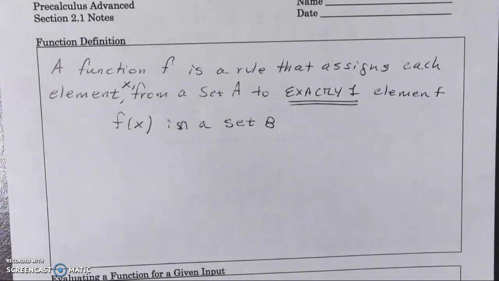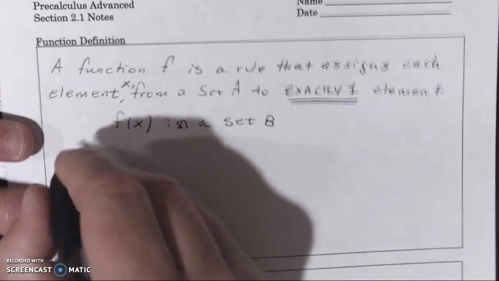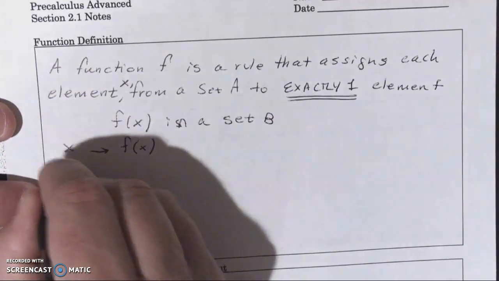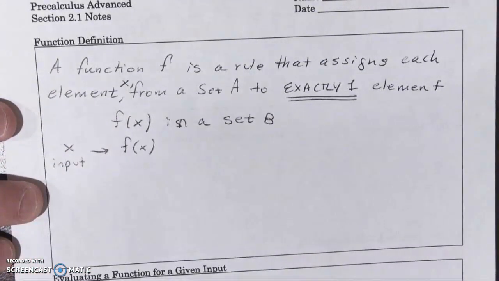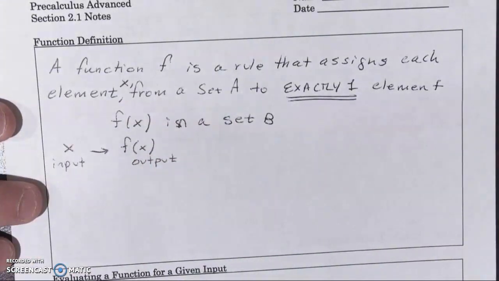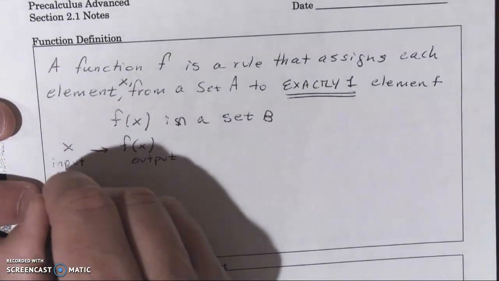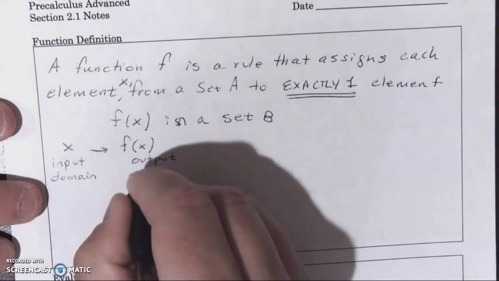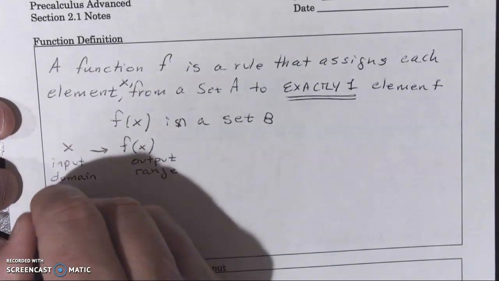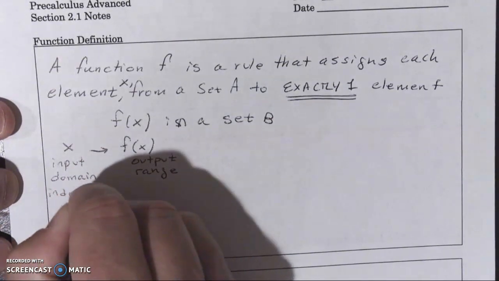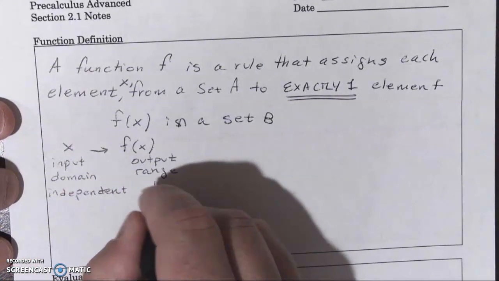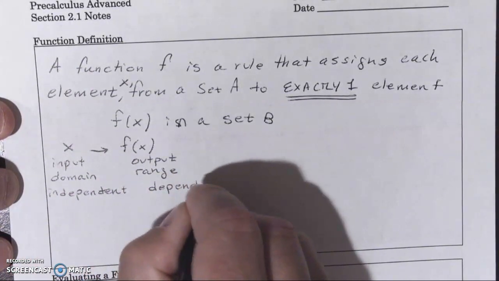So really the x turns into the f of x. The x could be classified as your input, the f of x your output. You know, other terminology that you'll see here, when we talk about x, we talk about domain, we talk about the outputs, we talk about range, and then the x would be your independent variable, and your f of x would be your dependent variable.